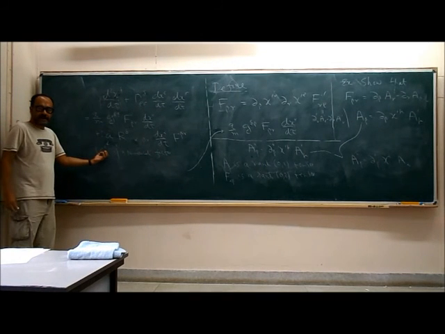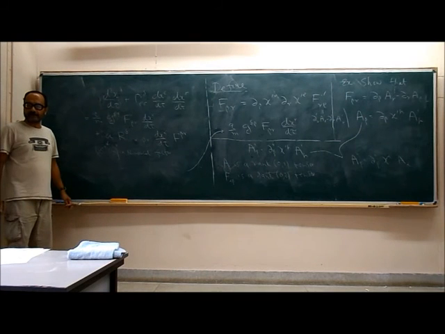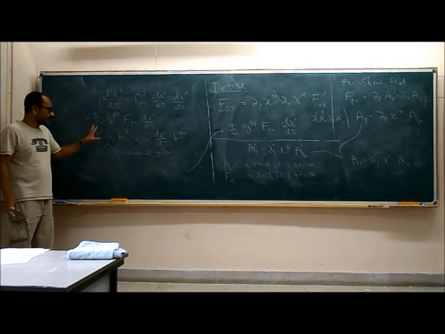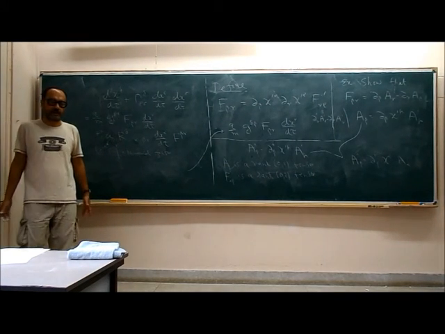And because of the small size that appears here, for all everyday purposes, we can just ignore such terms. Okay, and that's what explains why the principle of equivalence works so well.